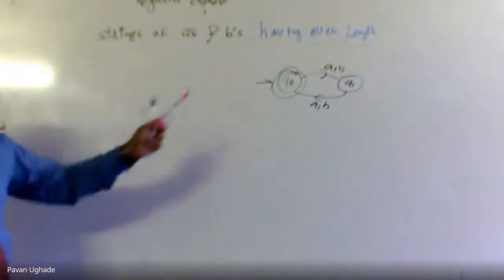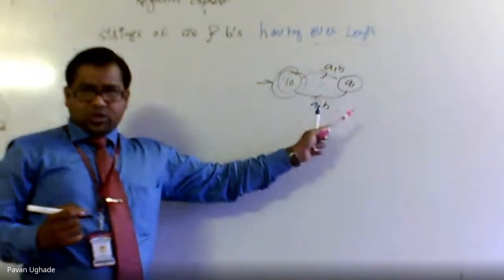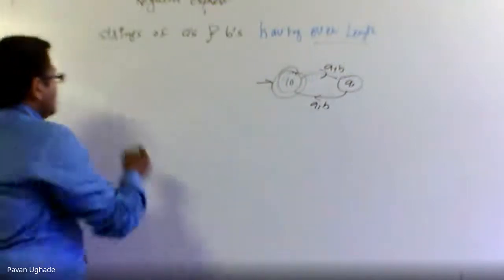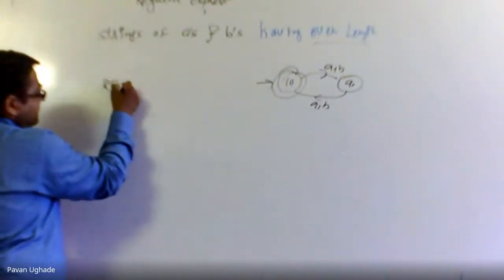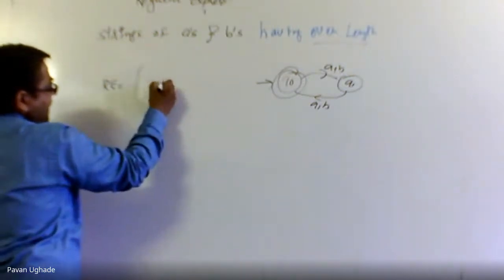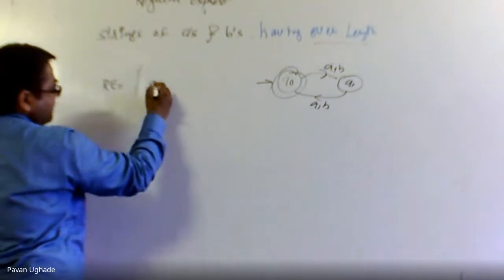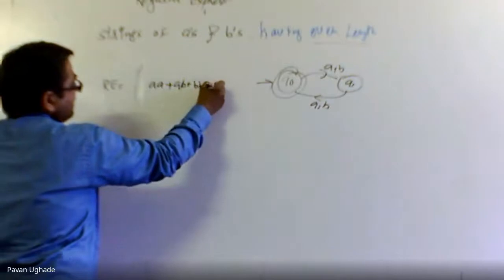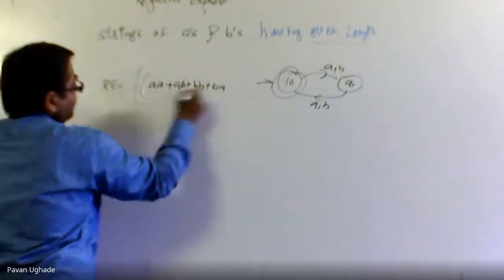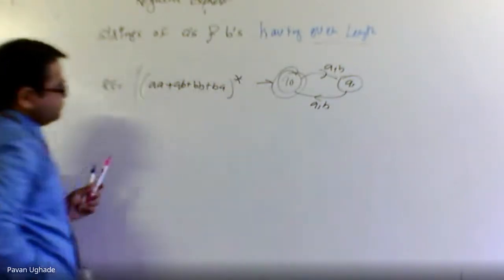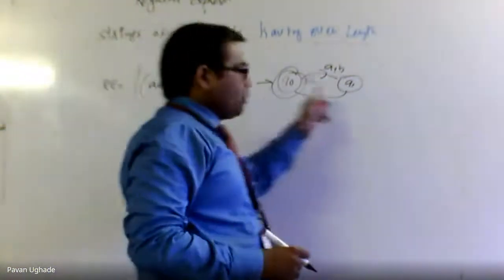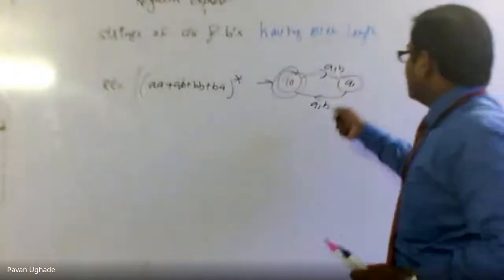As well as A comma B. So you can see here the looping over here. So what are the combinations of A over B? We have seen just now. So the regular expression goes like this. Here I can say, all the four possibilities we can write down: AA plus AB plus BB plus BA, the whole closure. What are the four possibilities here?